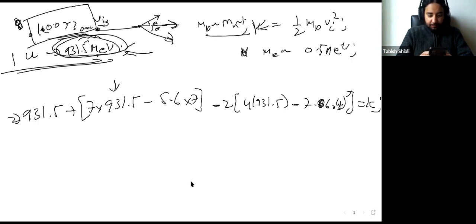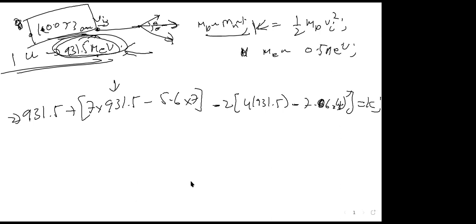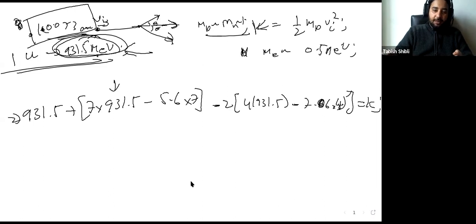So you have 931.5 and you add bracket 7 multiplied by 931.5, and the bracket closes, and then you have a minus bracket. So I got minus 10.96. So this is mega electron volts, right?